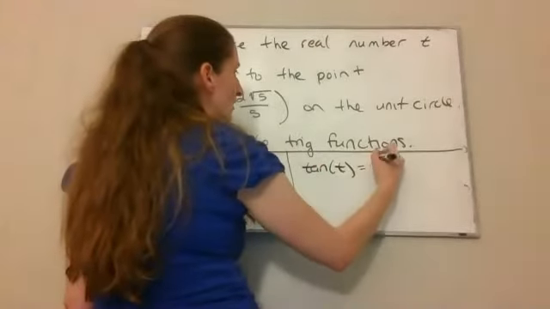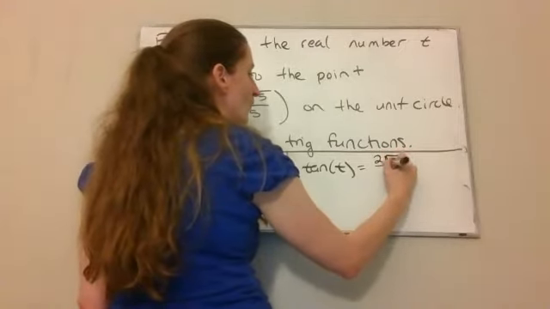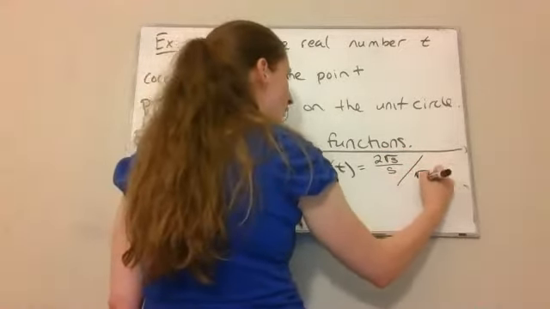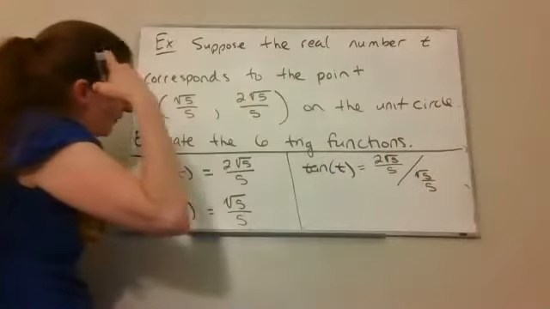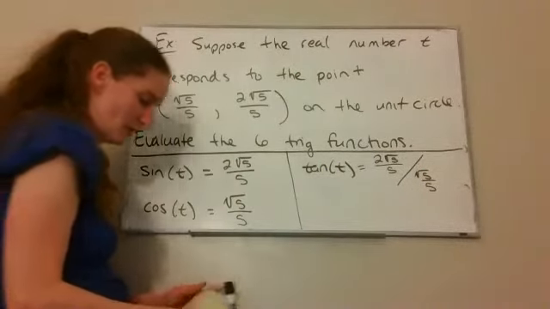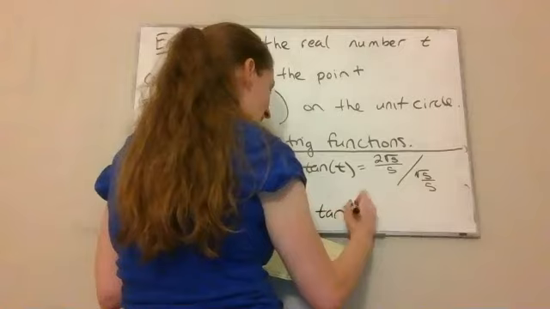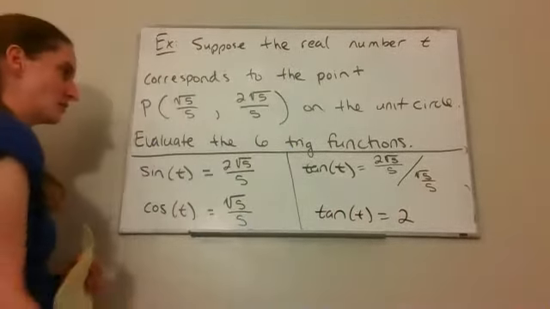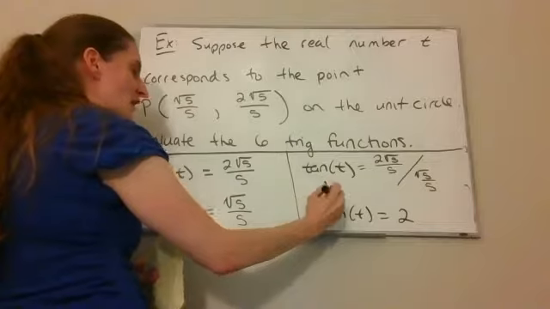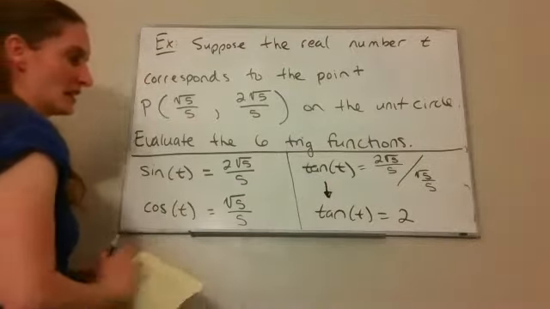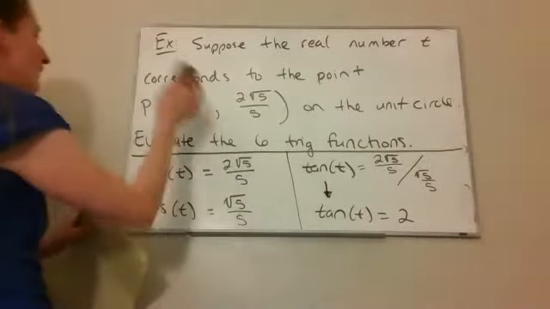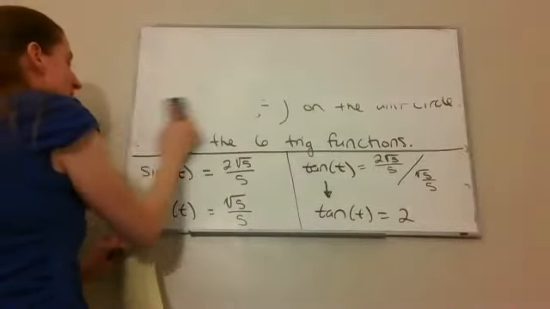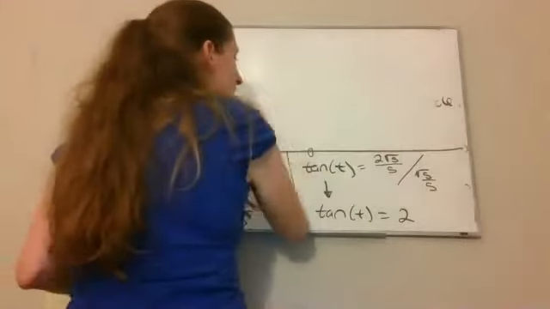So I get 2 square root 5 over 5 over square root 5 over 5. And then I would have to flip and multiply by the reciprocal, and that gives me that tangent of t is equal to 2. So I found sine, cosine, and tangent, and now I just need to find my cosecant, my secant, and my cotangent.